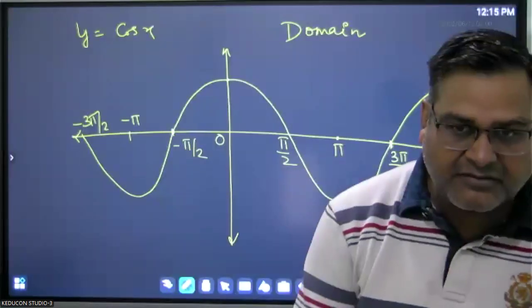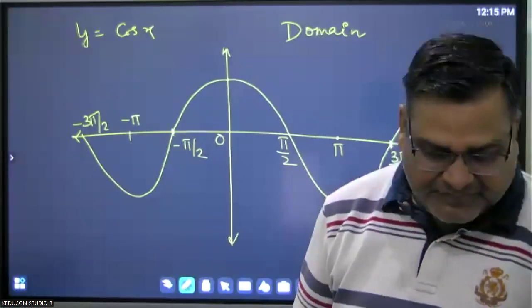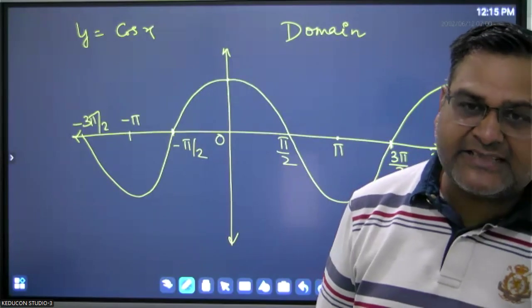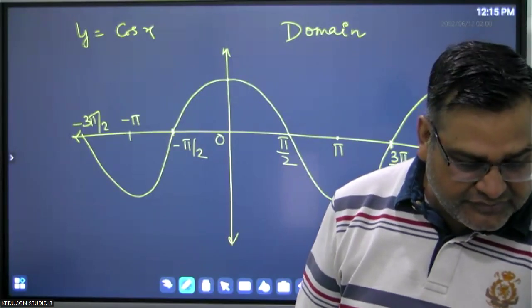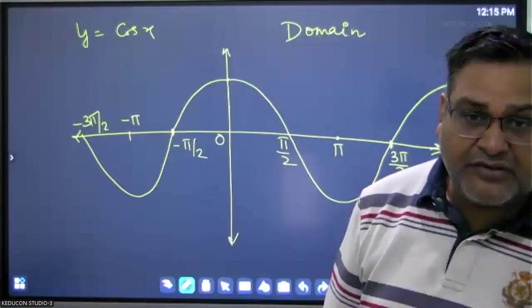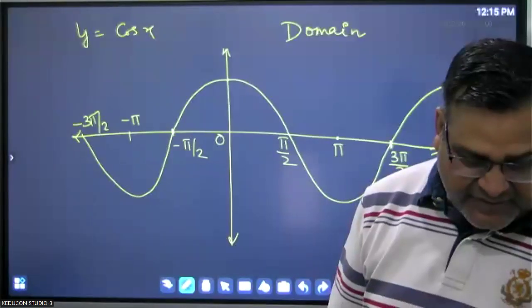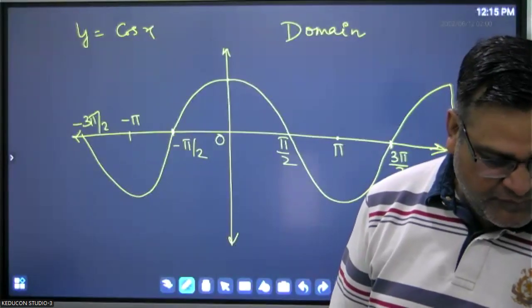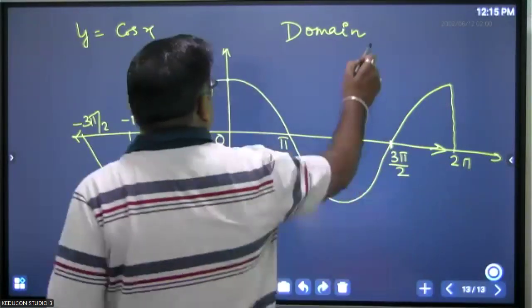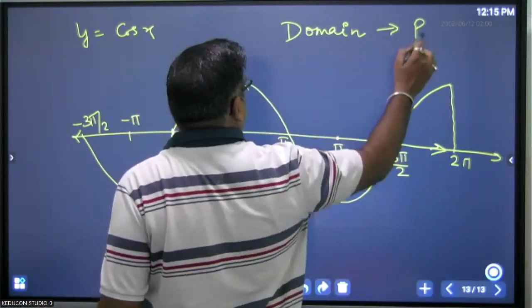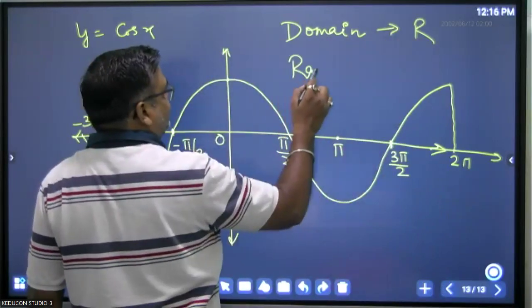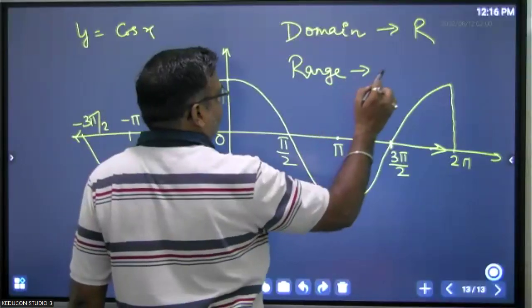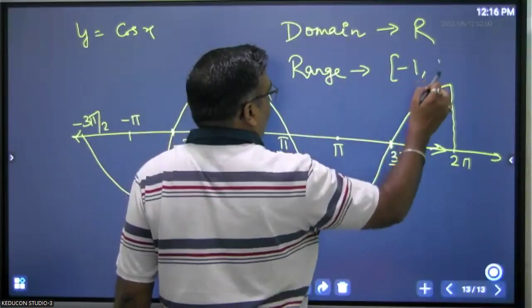Is there someone? Children, it is the same as in the case of sine. Here also it will be the same. Domain will be R and range will be -1 to 1.